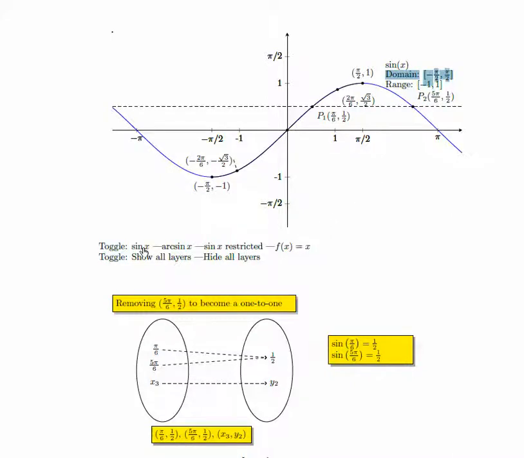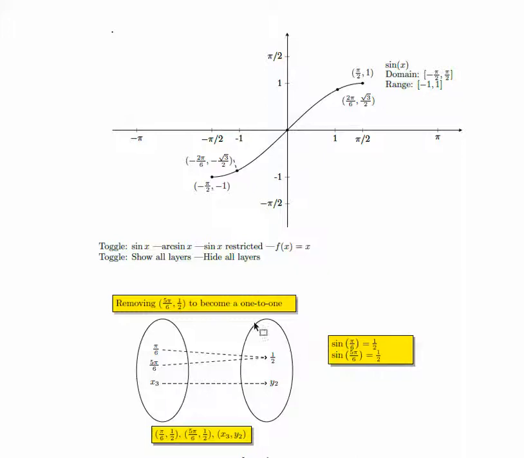Now let's remove the general sine and get the restricted sine x. In this restricted part, y still goes from negative 1 to positive 1, and the function is increasing.